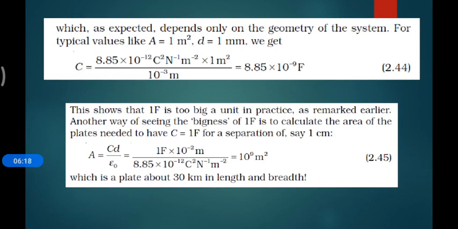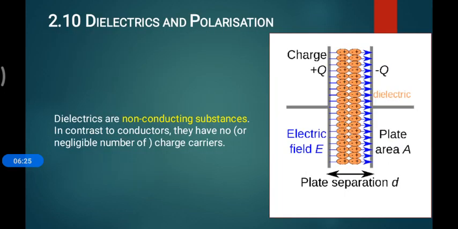That is that huge, and this is not commercially feasible. So that's why the Farad is a very big unit. I am representing this here because we saw in part 10 that I am introducing the dielectrics. This is the actual diagram of the capacitor and the symbol of the capacitor also, 2 plates and like that.